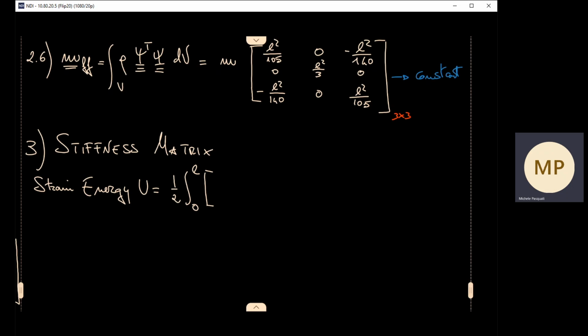Deformation along the axis, and deformation transversely, so flexural deformation. So axial deformation and flexural deformation.